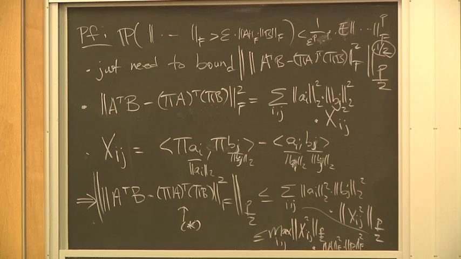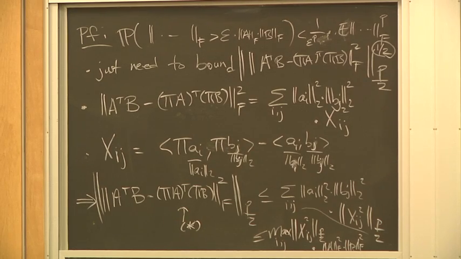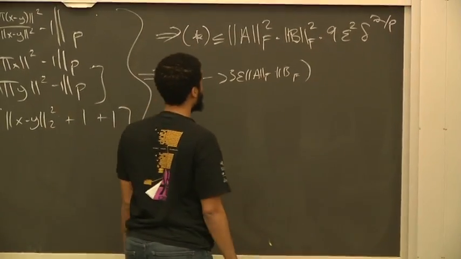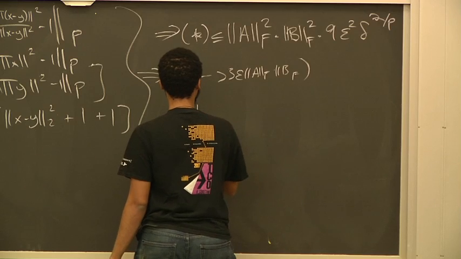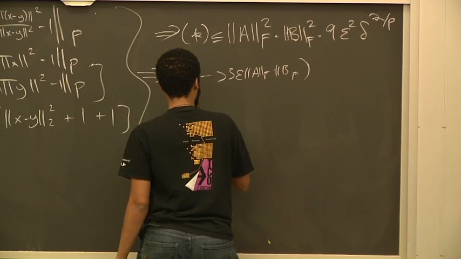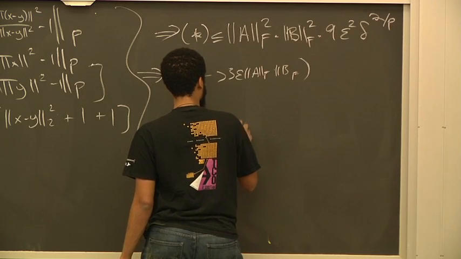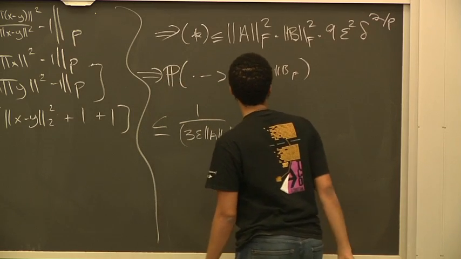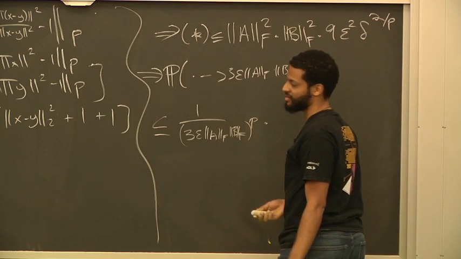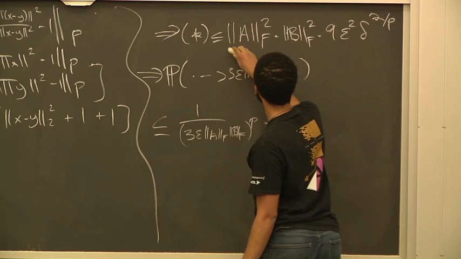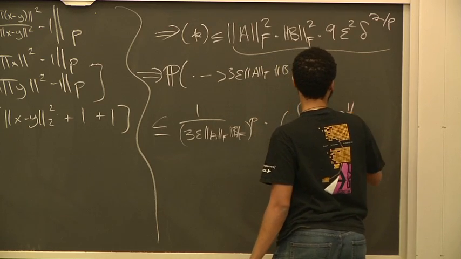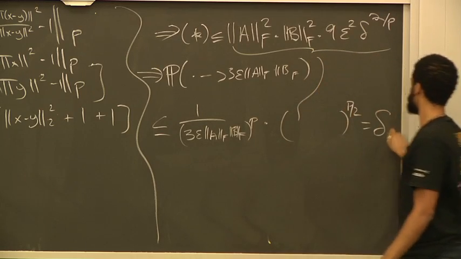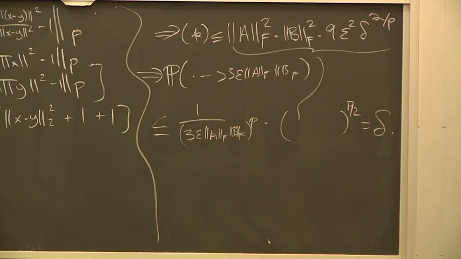So the probability that that thingy is bigger than 3 epsilon times Frobenius A times Frobenius B is at most, well, 1 over (3 epsilon ||A||_F ||B||_F) to the p times the square root of this to the p, which is delta. Okay. Questions?